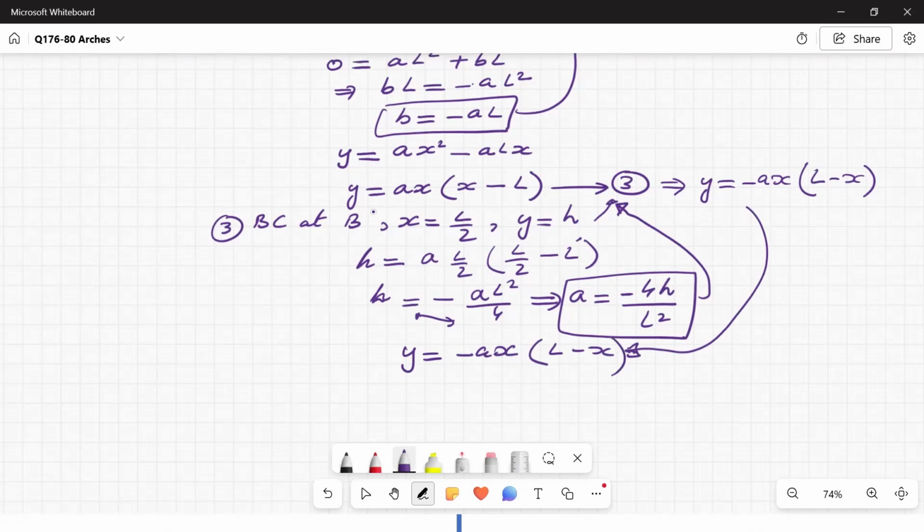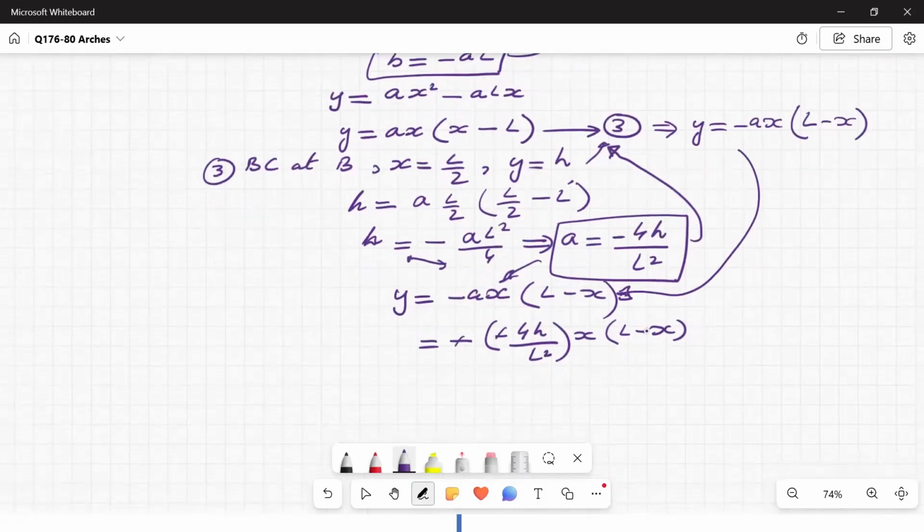So let me write this equation, y is equal to minus ax(L minus x), which came from here. And if I substitute this value of a back in here, it will be minus 4h divided by L square into x into L minus x, and minus will get cancelled, and I will get 4hx multiplied by (L minus x) divided by L square.